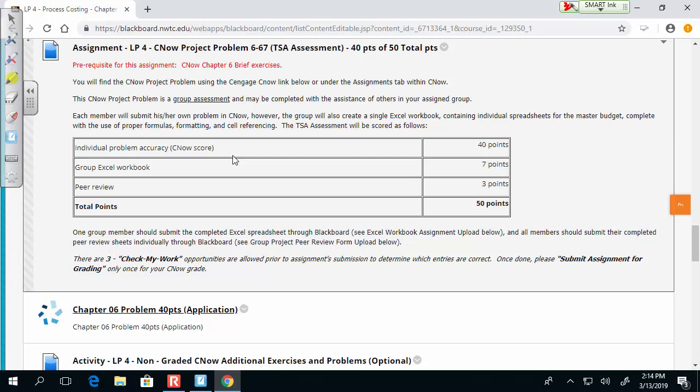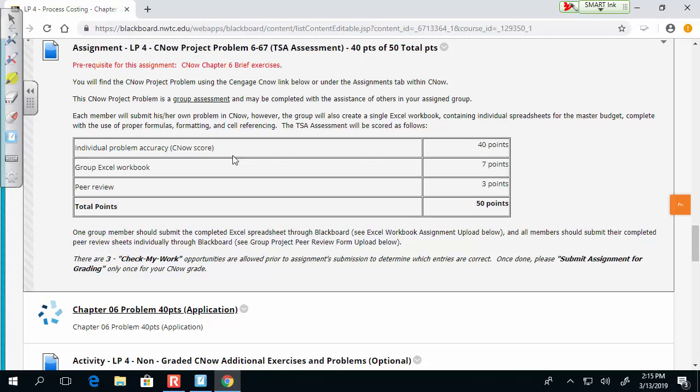The Excel component is the actual problem itself, problem 67, but done in 2 Excel worksheets. So your group will create these 2 worksheets, and I'll go through what type of information we want on these worksheets once we get through some of our problems.